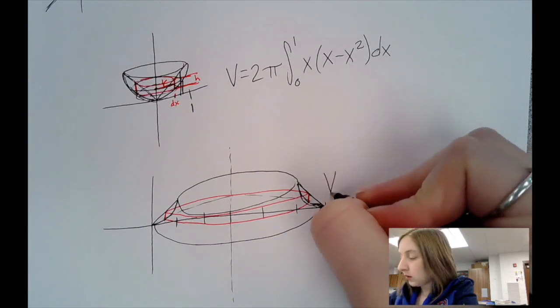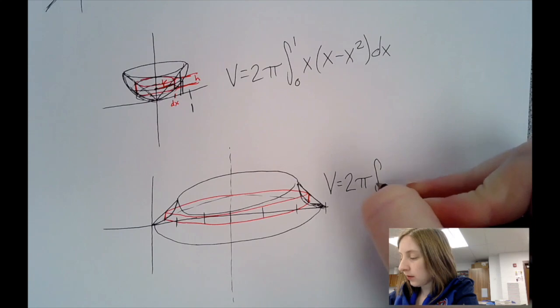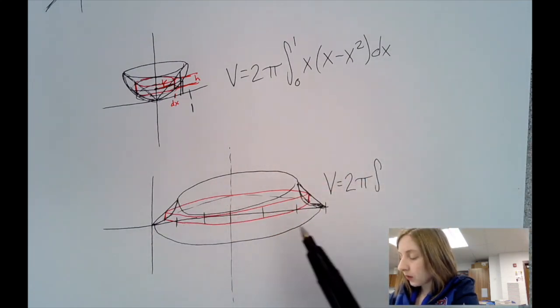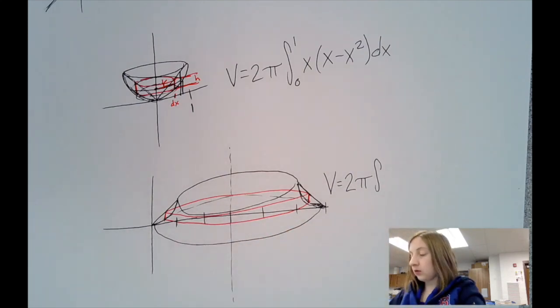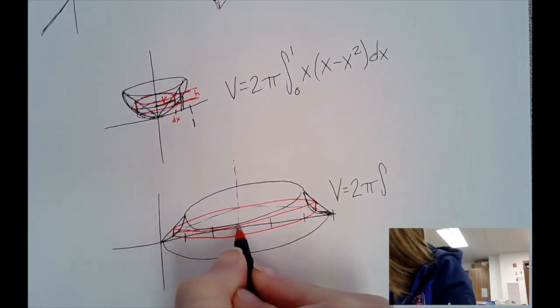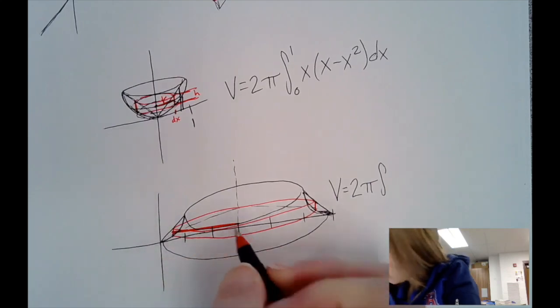So the volume on this thing, using cylindrical shells, is 2 pi. My radius is from my axis out. My radius on this particular shell is all the way across here, from there to there.